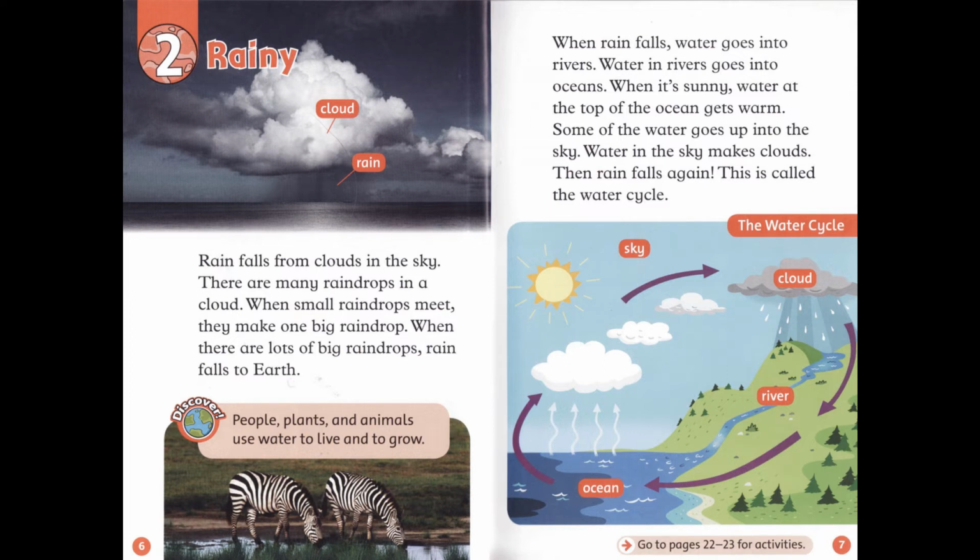Discover. People, plants, and animals use water to live and to grow. When rain falls, water goes into rivers. Water in rivers goes into oceans.